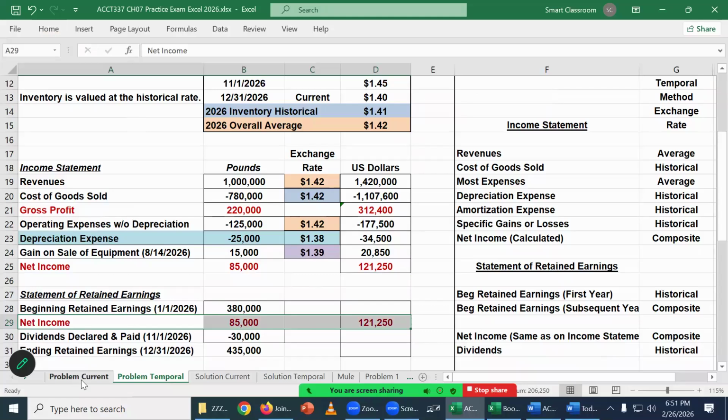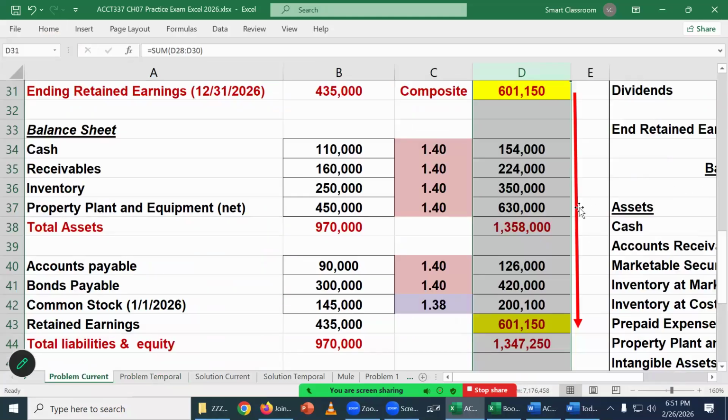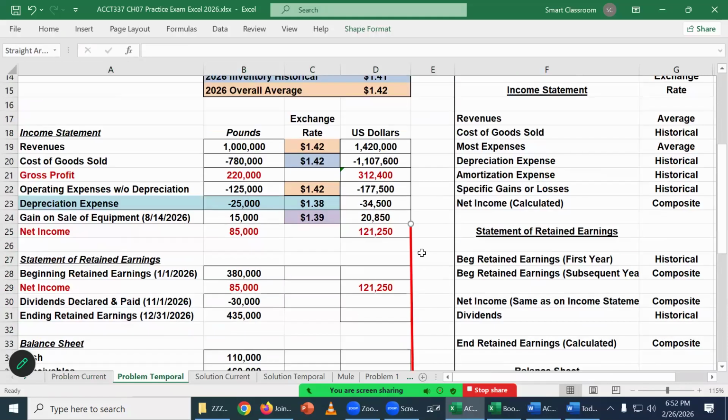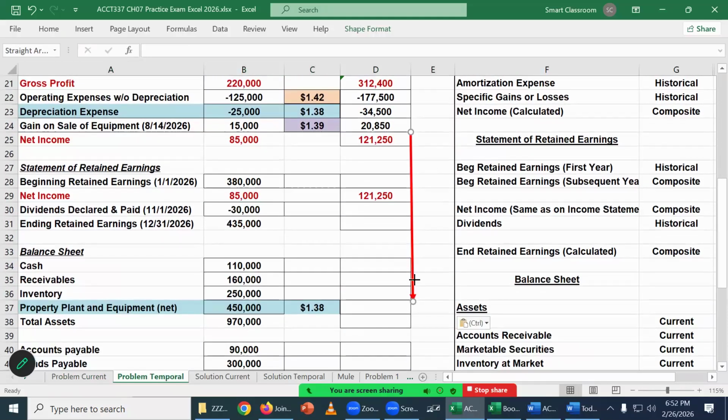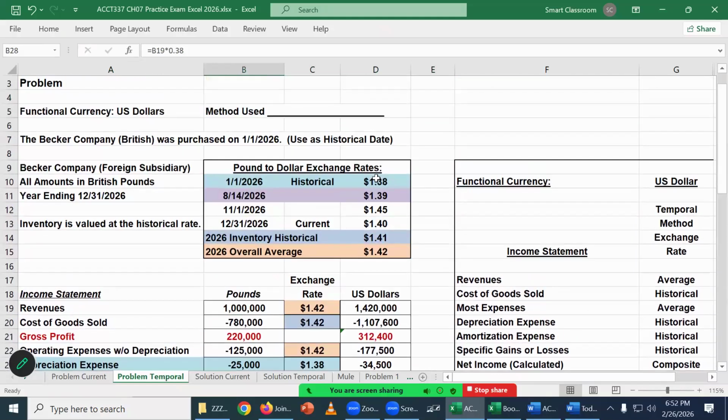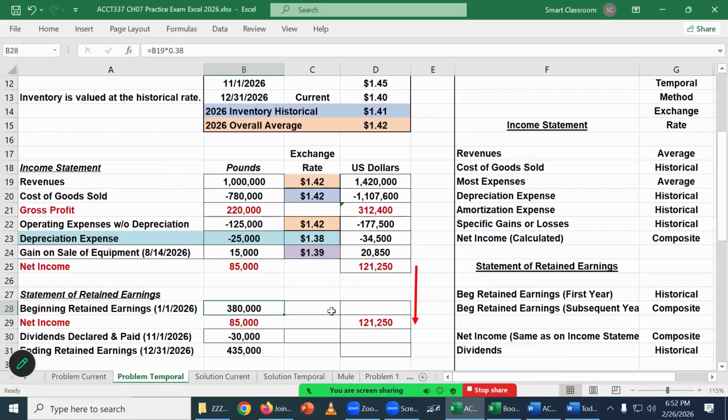Grab something over here. Retained earnings is going to be the same thing. It's going to be the beginning. The 138.